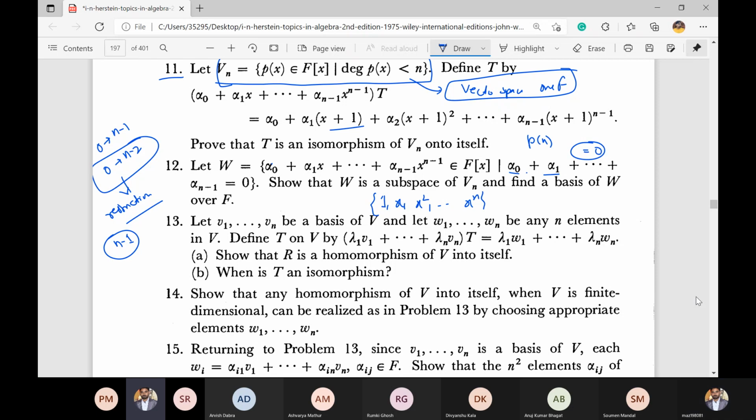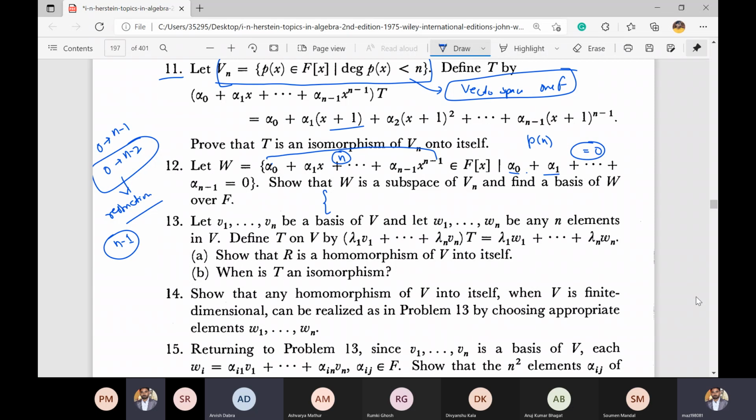So we can look at the basis of the form alpha naught, alpha 1 x up to alpha n minus 2 x power n minus 2, and in place of alpha n minus 1 we will put what we have got for alpha n minus 1 into x power n minus 1. Dimension will be n because we have the restriction on scalars, not on the x. No, the dimension will be n minus 1. Since we have one condition on it, it will reduce one of the scalars. We have one less restriction.